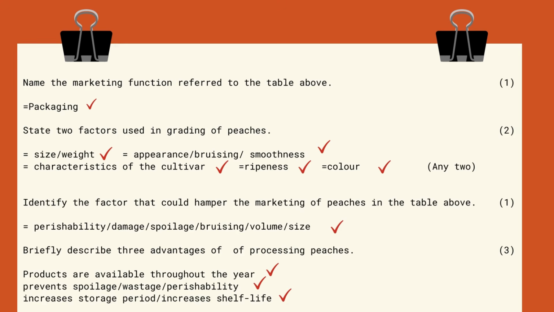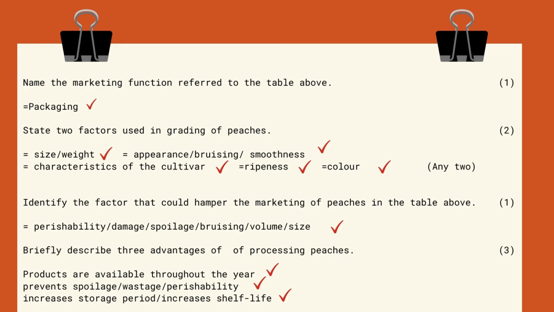Okay, now briefly describe 3 advantages of processing of peaches. Now, the advantages, it goes back to the advantages of processing. So you don't have to focus on peaches, but rather focus on processing, right? Processing as a main function of agricultural marketing.